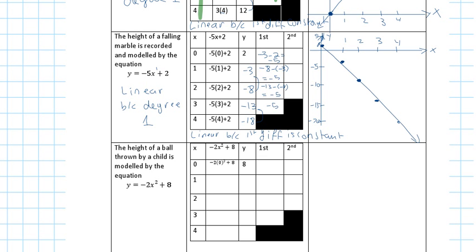Negative 5, yeah. Because if I do negative 18 take away negative 13, that gives me negative 5. Oh, I was thinking the other way. So if you do negative 18 minus negative 13, that gives you negative 5. Okay? So that's a straight line.